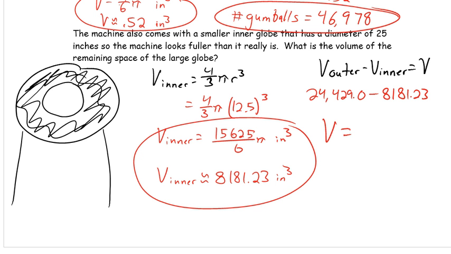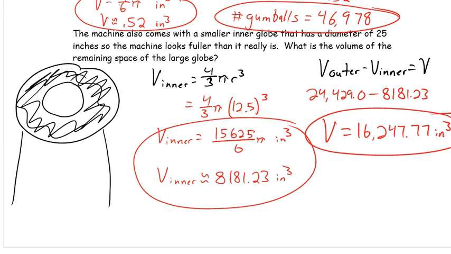Our total volume that actually is in there is 16,247.77 inches cubed, we'll call it. And that would be our total volume that's actually in there.